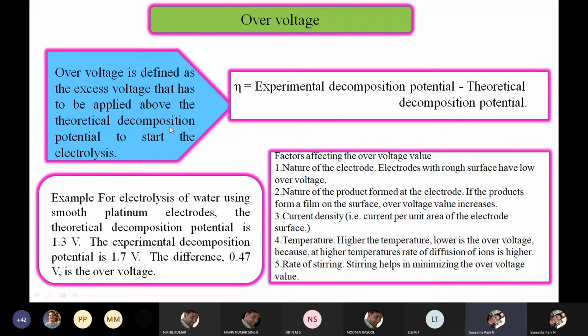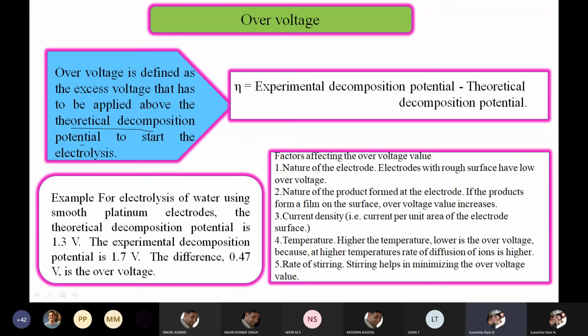Suppose during decomposition or during the coating process, some theoretical decomposition potential is developed. Apart from that, how much excess voltage we are supplying above this theoretical decomposition potential, that excess voltage is called overvoltage.